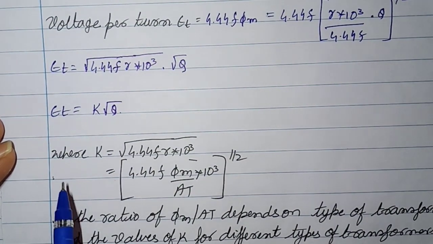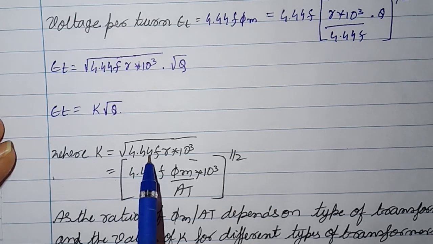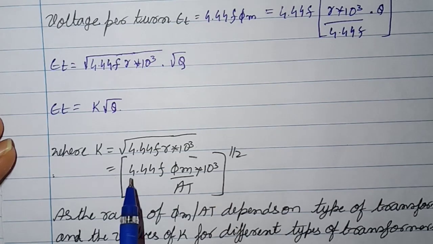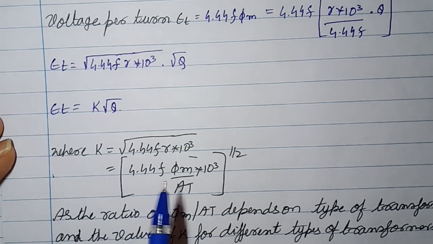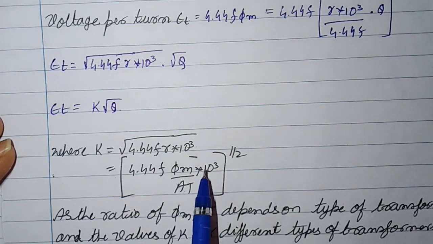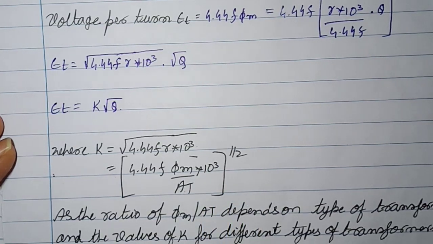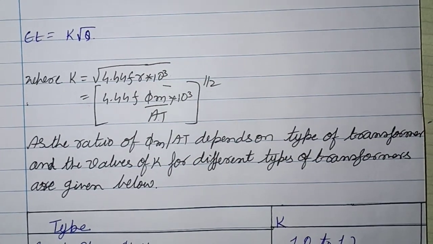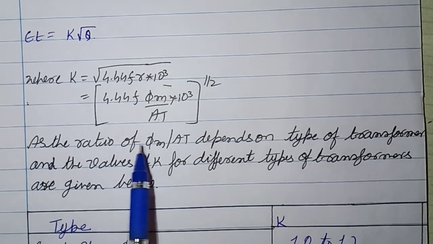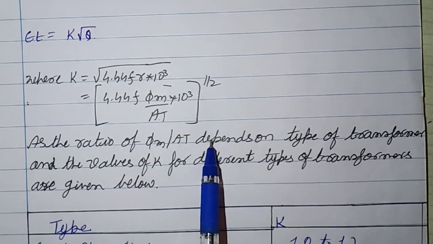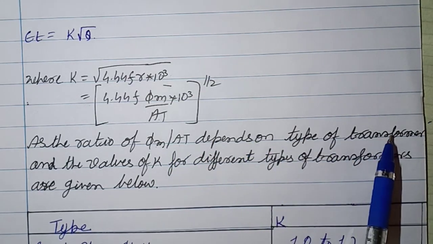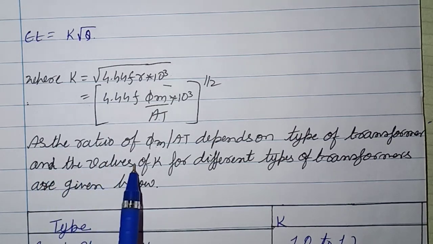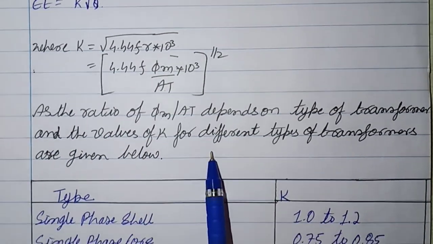Where K is equal to square root of 4.44 F R into 10 raised to 3, or it is 4.44 F phi m by AT into 10 raised to 3 to the power of half. As we already told earlier, the ratio of phi m by AT depends on the type of transformer. The values for K for different types of transformer are in this table.